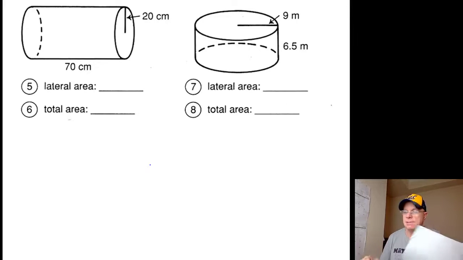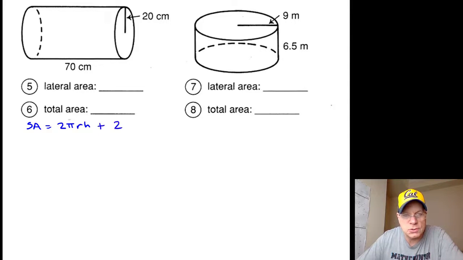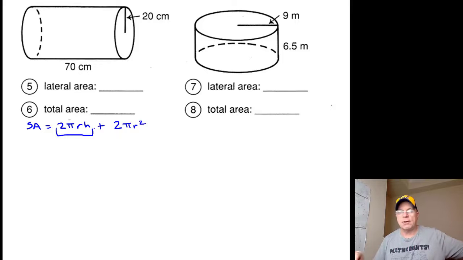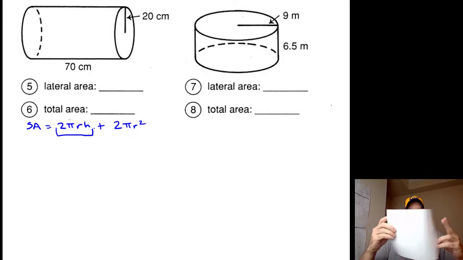So here we go, number 5 through 8. The surface area formula is 2 pi r h plus 2 pi r squared. The first part of the formula is the lateral area, the area that you would get if you unwrapped the lateral face and you get this rectangle.